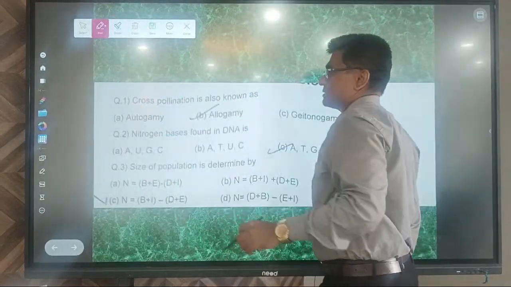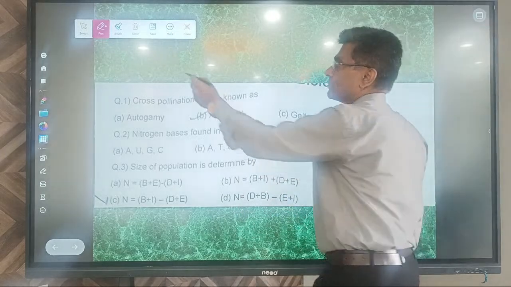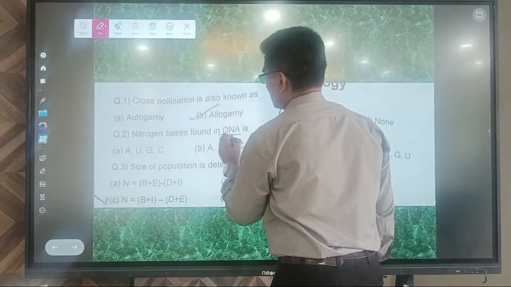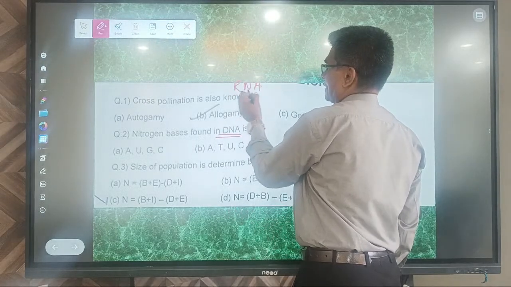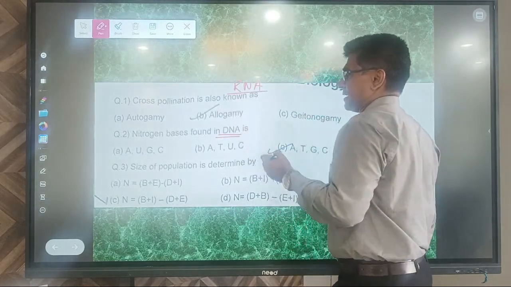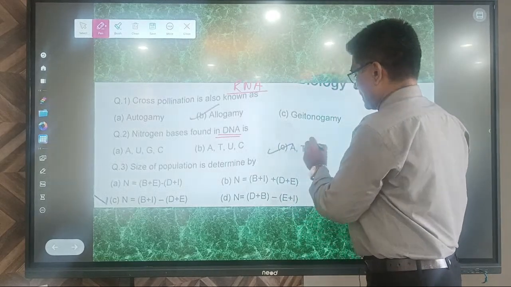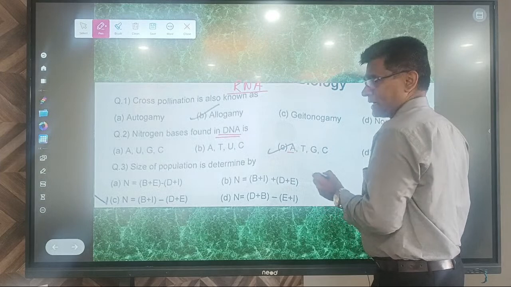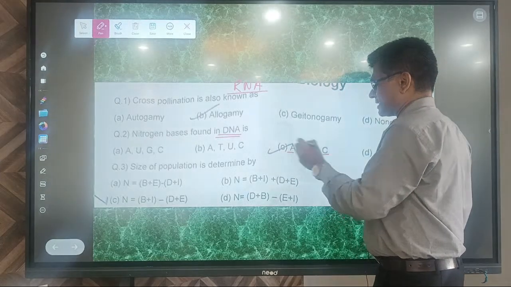Now the second question: nitrogen bases found in DNA is. You have to take care that here DNA is mentioned, along with RNA, that is ribonucleic acid and deoxyribonucleic acid. So here ATGC: A for adenine, T for thymine, G for guanine and C for cytosine.